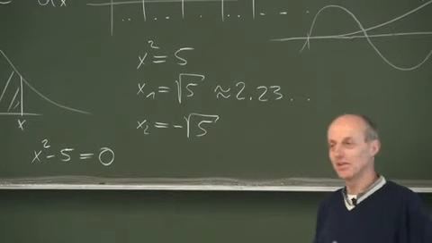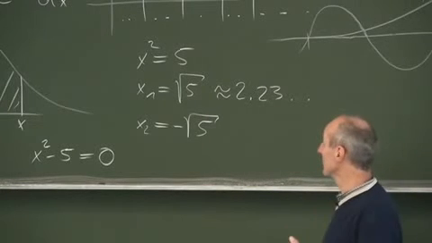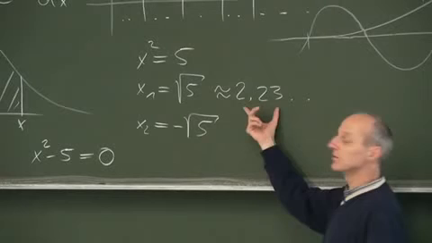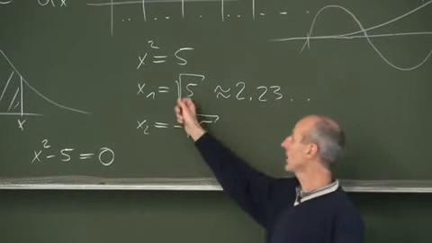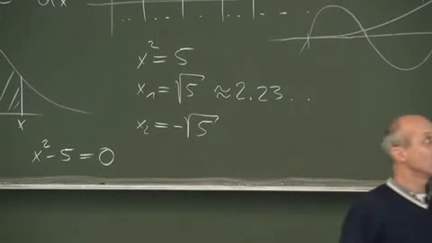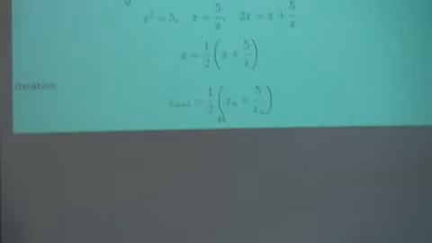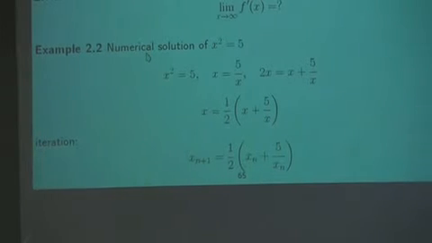He wants to know how many meters, centimeters and millimeters this is. Now, how do I get square root of 5 to, let's say, 10 decimal places?